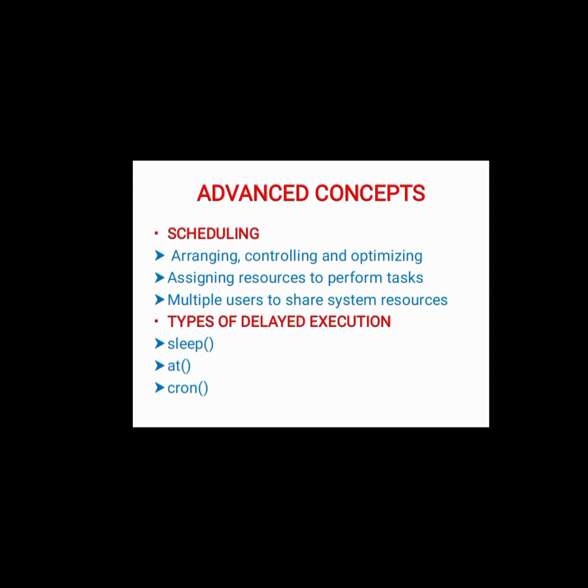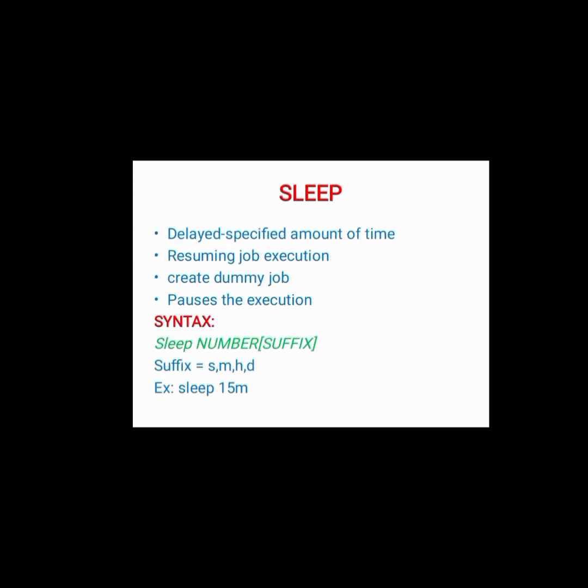There are three types of delayed execution: the sleep command, at command, and cron command. First we will see the sleep command. The sleep command is used for delaying the process for a specified amount of time, waiting a little while and then resuming job execution.